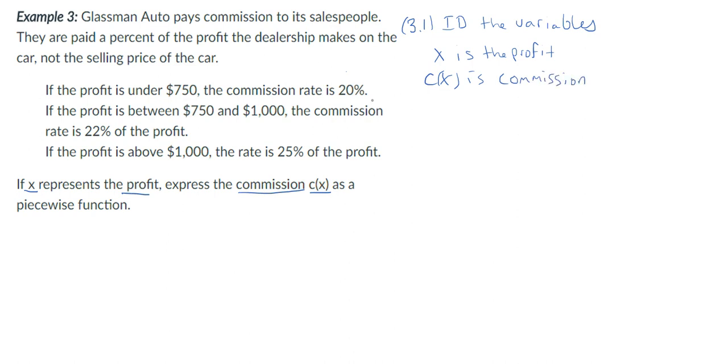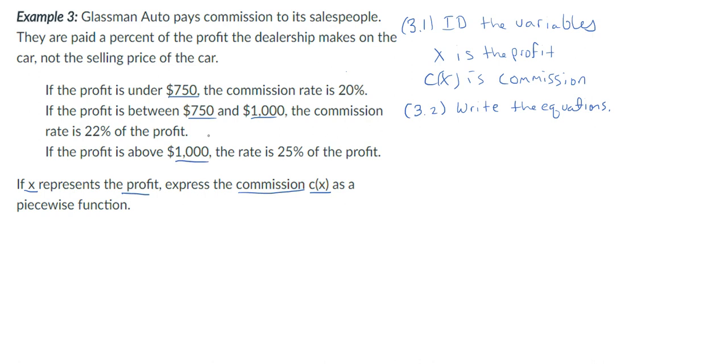All right, so that moves us on to step 2. So 3.2, we're going to write each equation. There are 3 different conditions: 750, 750 and 1,000, and 1,000.